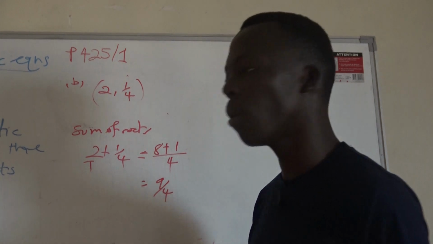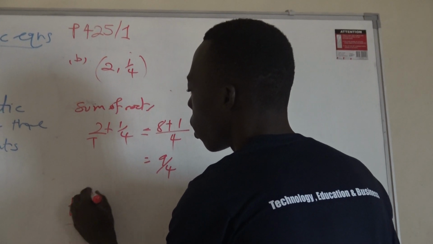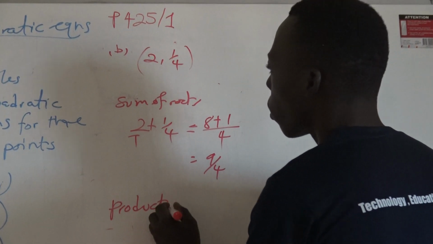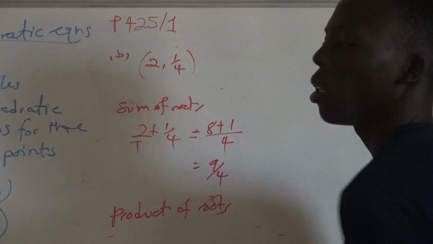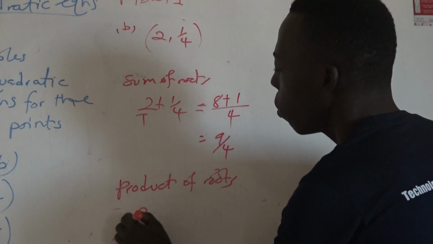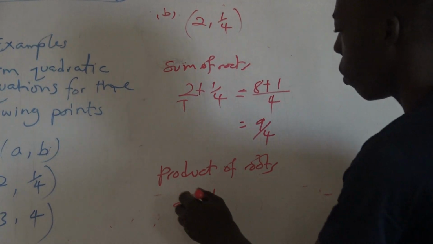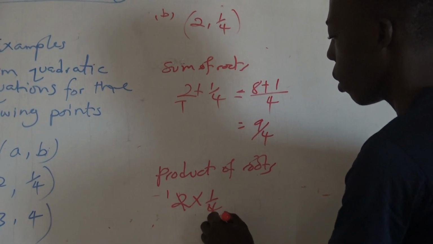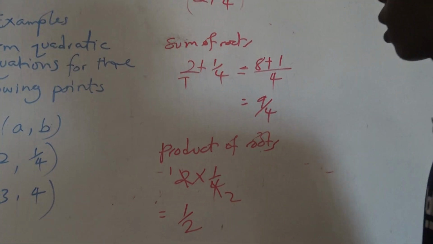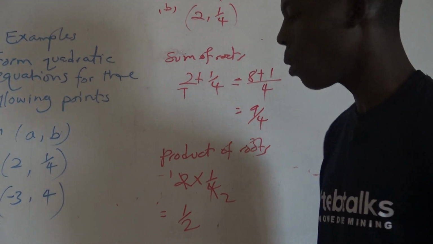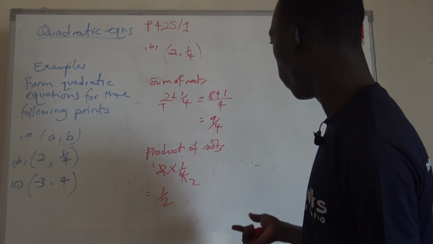Now, after getting the sum of roots, we have to get also the product. The product of roots will be 2 times 1/4. For this case, we have to reduce by 2 once, by 2, 2. So here we have 1 out of 2 as the product. Then we now have to get the quadratic equation by substituting in the formula.